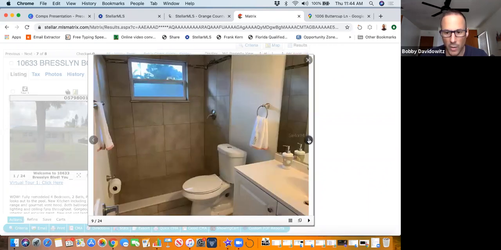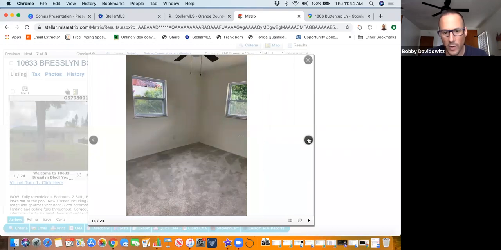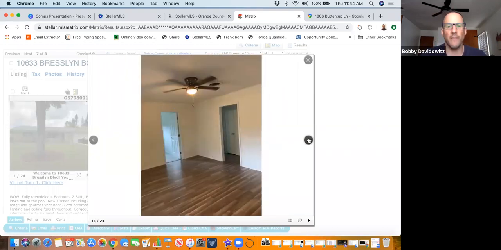Bathroom's decent, not a major upgrade, but for this neighborhood, this is just about the right amount of upgrading that I would do. If you're an investor, guys, or you're working with an investor, this is about the right amount of money I would invest in upgrading a property like this, because if you over improve a property in a lower price neighborhood, you're not going to get your money back.